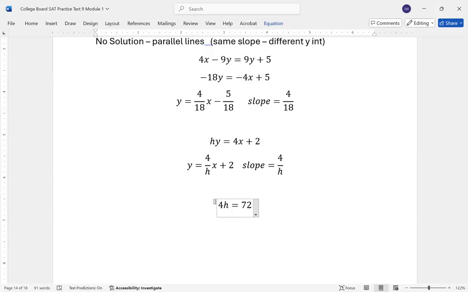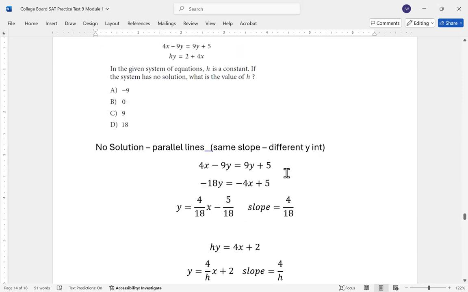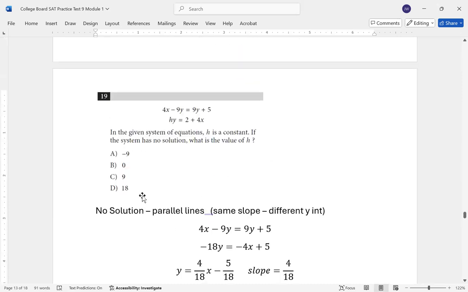Then divide both sides by 4, and you get h is equal to 18. I'm not going to write all those steps because it's very obvious that to have the same slope, h has to be 18. So h is 18, and that's the final answer to question 19. So answer D is the correct option for question 19.